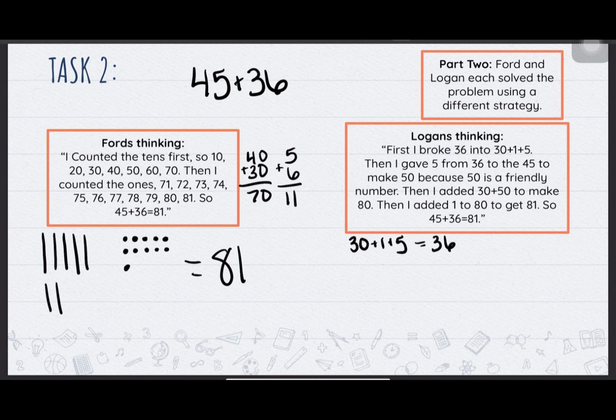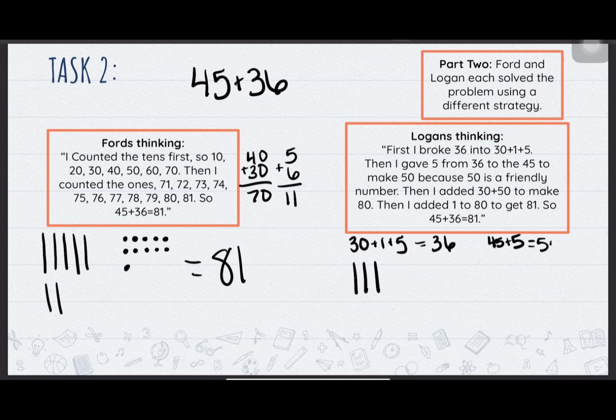So we're going to draw this out. So he had 36 and he made that 30. So we're going to draw 1, 2, 3. So there's our 30. And instead he added the 45 plus the 5 he borrowed from the 36.